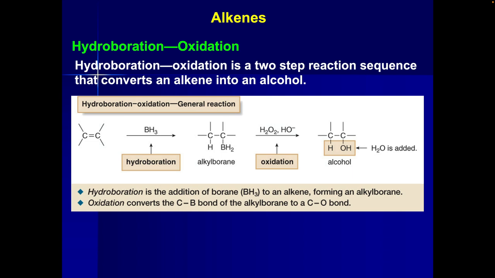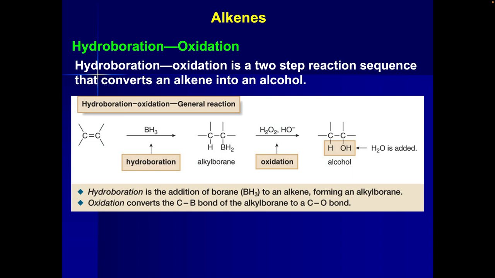You are adding a hydrogen and a boron atom across the carbon-carbon double bond in that first step. In the second step, you are oxidizing off the boron and replacing it with oxygen. That step is complicated, and we're not going to get into the mechanism of it. But it's called the hydroboration oxidation sequence.